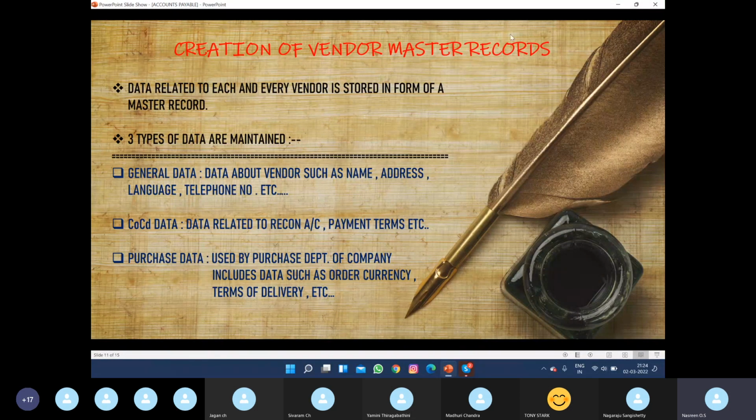So we create our vendor, which means we actually create a supplier account. In simple words, we create a supplier account and maintain the data of all the names, addresses, payment terms, etc. Whatever is required by the client. So these are the three types of data which are maintained in our vendor master records.